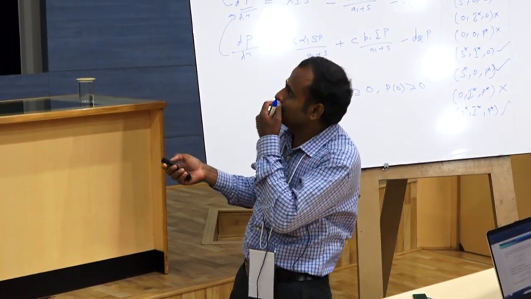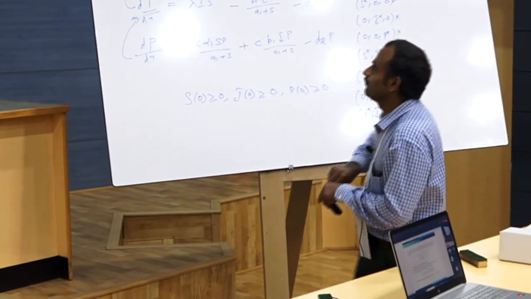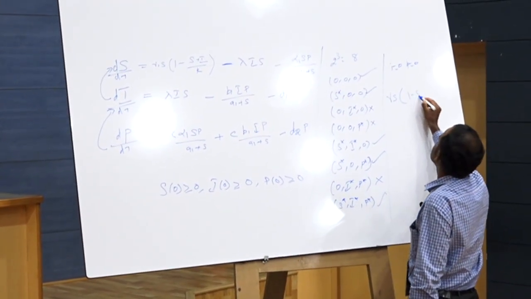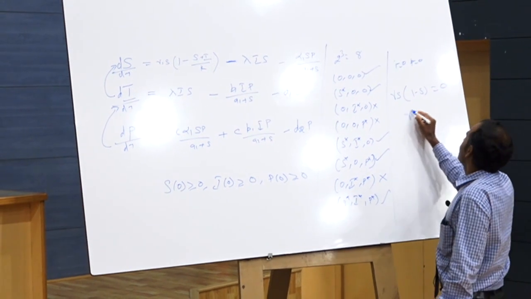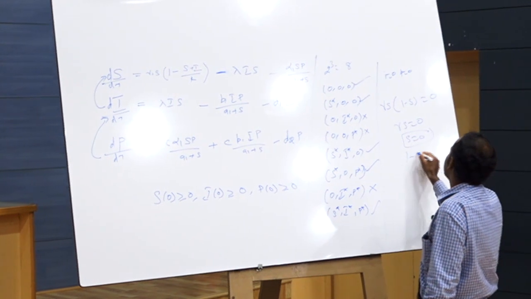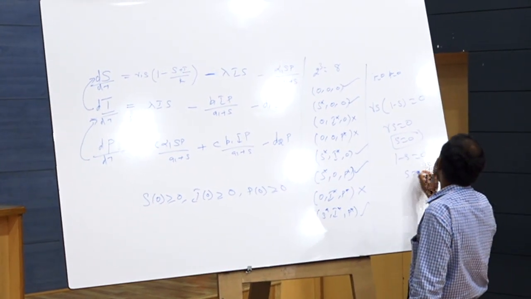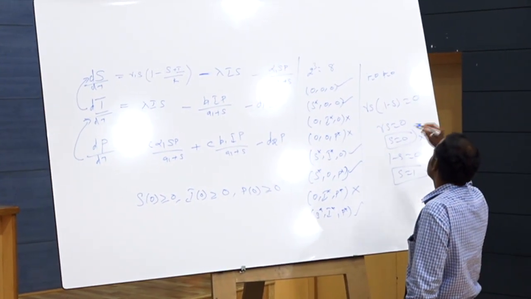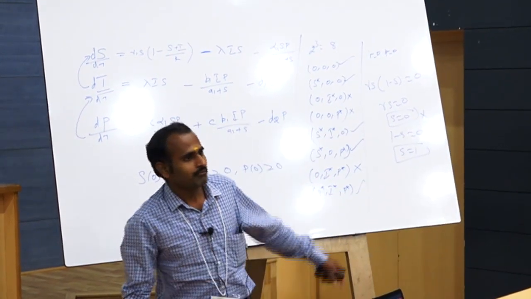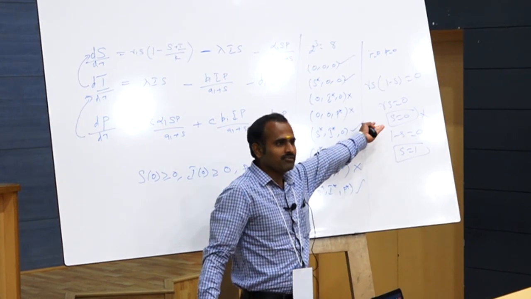From the first equation with I equal to 0, we have Rs into 1 minus S equal to 0. So Rs equal to 0, S equal to 0, and 1 minus S equal to 0, S equal to 1. S equal to 0 does not exist because we have a susceptible prey, so susceptible prey becoming 0 is not possible.